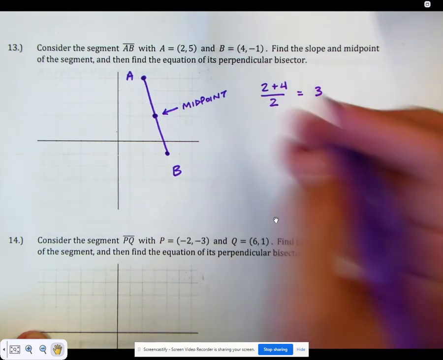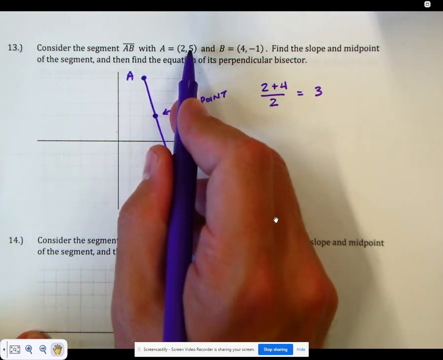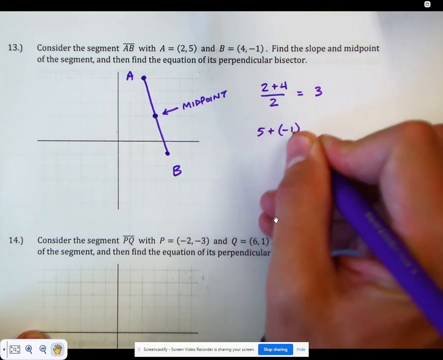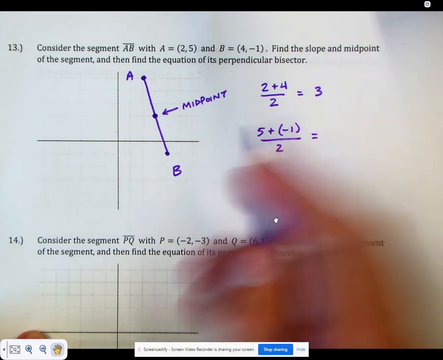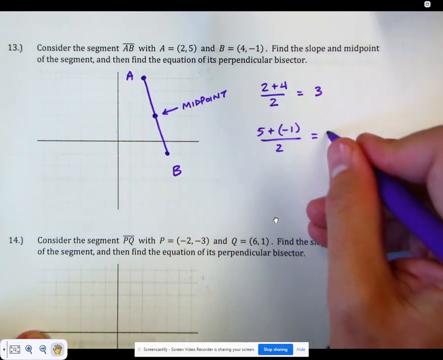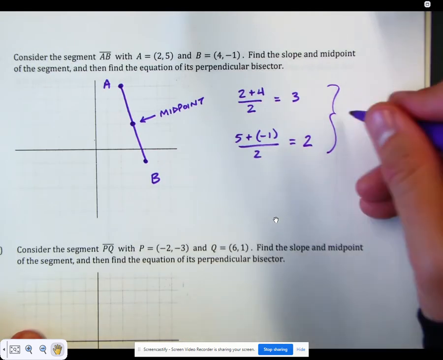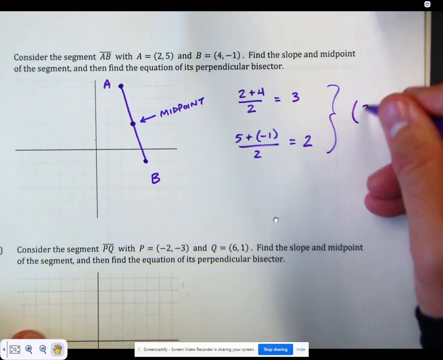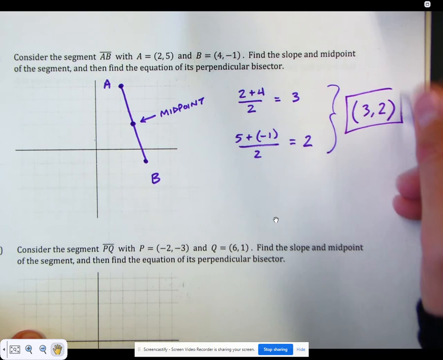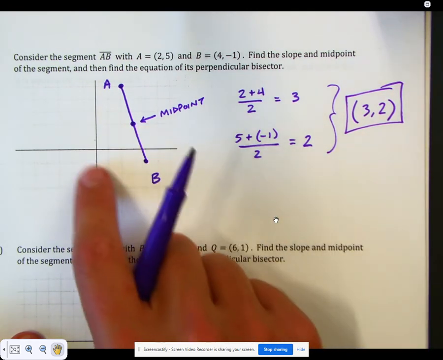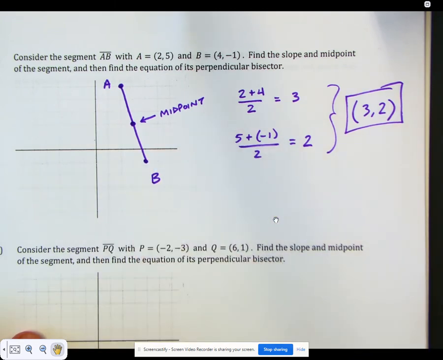And then you go 5 plus negative 1 divided by 2. The average of 5 and negative 1 is 2. And so what that tells you is that the midpoint is at 3, 2. And hopefully we can see that. 3, 2, that's exactly where my dot ended up when I just drew it carefully on the grid.